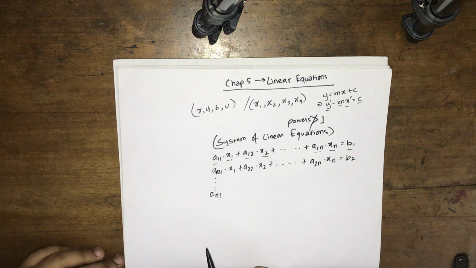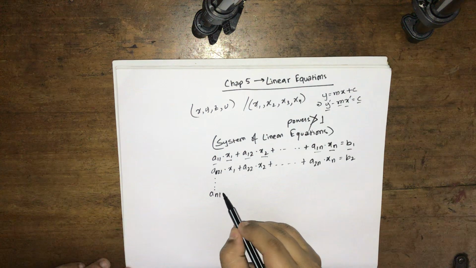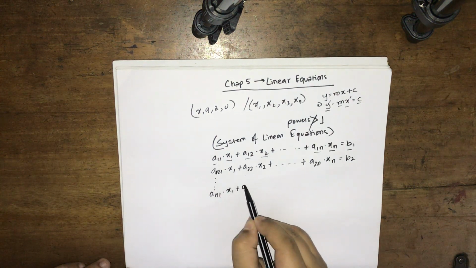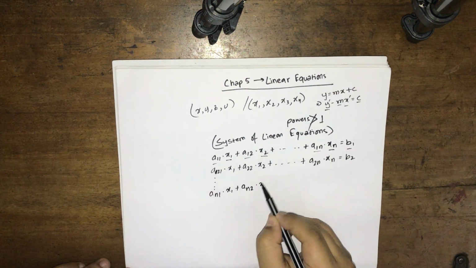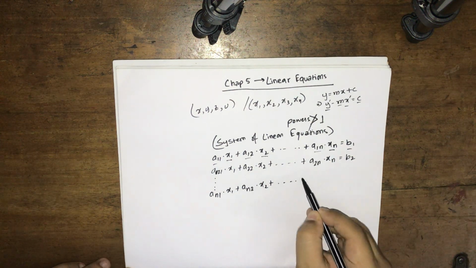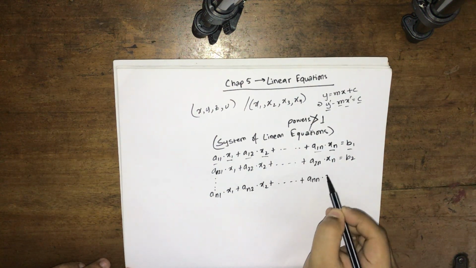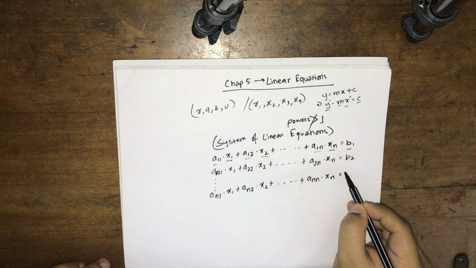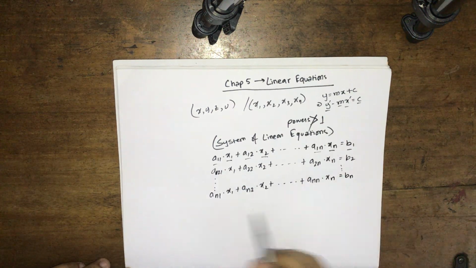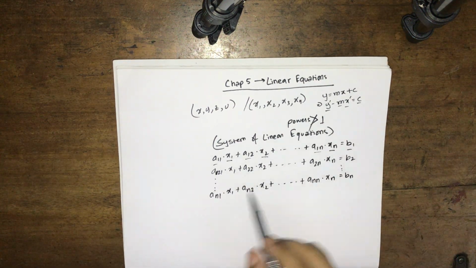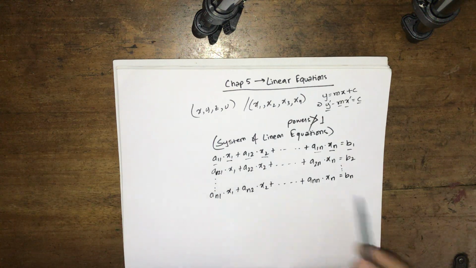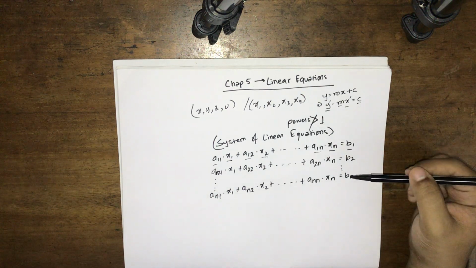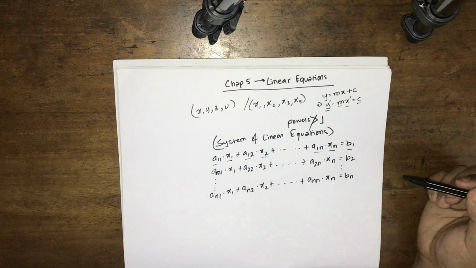This is the nth equation: an1 multiplied with x1 plus an2 multiplied with x2, going up till ann multiplied with xn, equal to bn. So this is the first equation, this is the second one, this is the nth equation. Collectively, this is a system of linear equations.